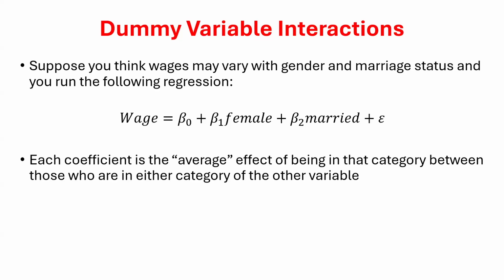Okay? And then I could think about, what if I had a married female? Well, then my starting point would be what? Maybe it's up here. Beta 0 plus beta 2 plus beta 3.